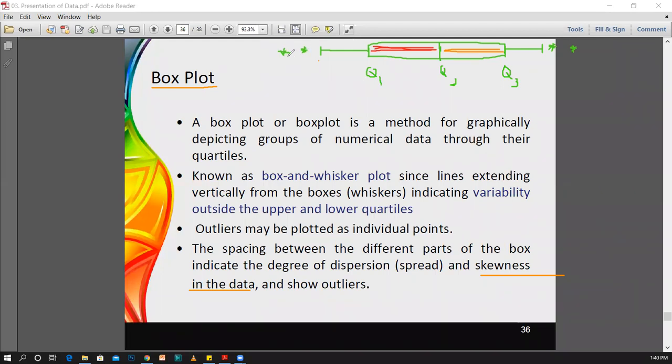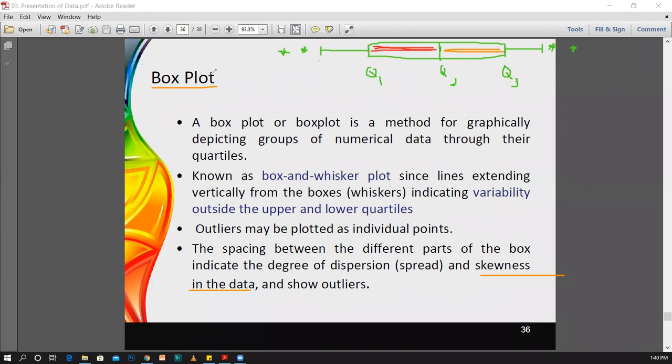None of them shows us the outliers, and we were not able to comment that much on the skewness and the dispersion of the data. Those things were not shown very easily. Therefore, the box plot has that specialty.